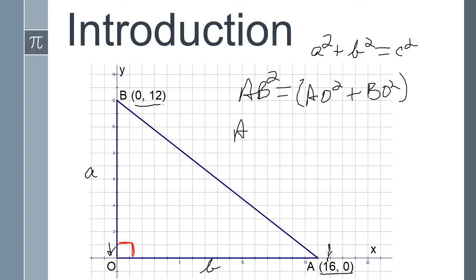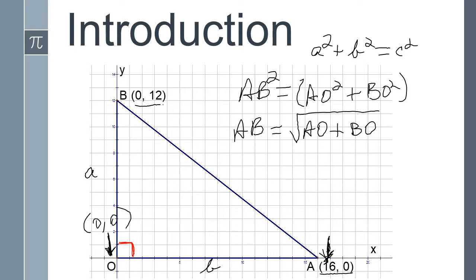So AB is going to equal the square root of AO squared plus BO squared. Again, to figure out the length of AO, I would take this x value, 16, minus the x value here, which is 0. It's the origin, but that is also the same x value as that point.